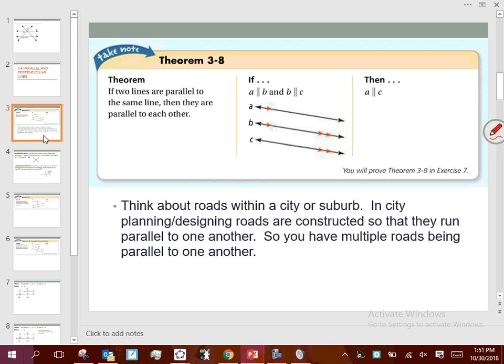We see a lot of parallel lines in construction. Look at the tile on the floor, there are parallel lines all over that. Look at the grid on the ceiling, the drop ceiling. There are parallel lines up there, right? All of those parallel lines on the ceiling are parallel to one another.